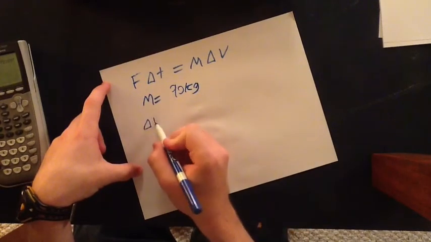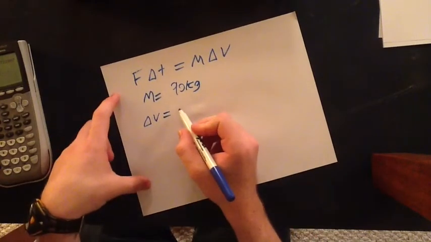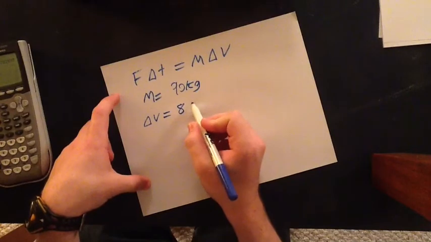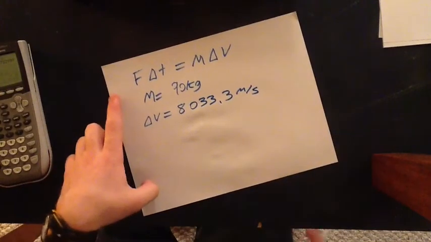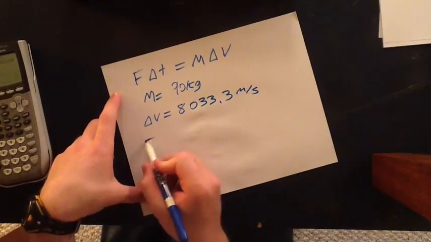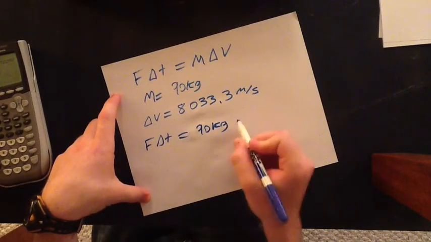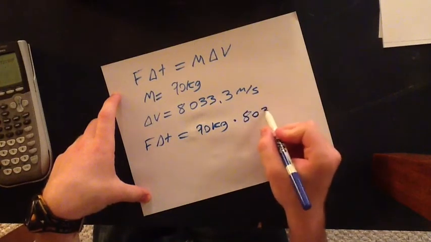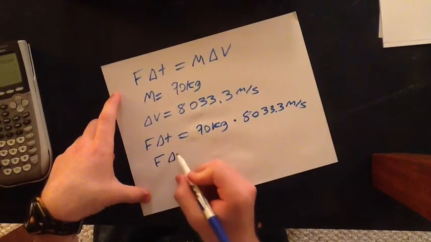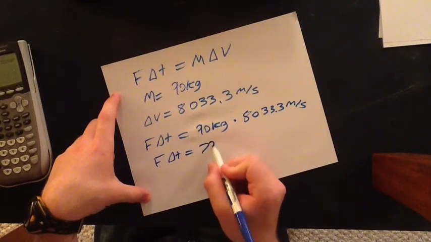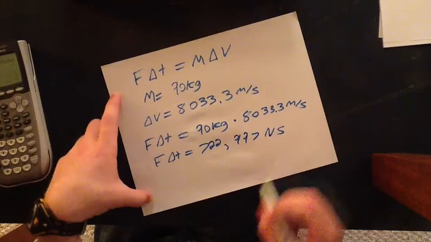The change in velocity of Batman is equal to the typical cruising speed of the plane, which is about 8,033.3 meters per second. So, in our equation we know that F delta t is equal to 90 kilograms times 8,033.3 meters per second. So, F delta t is equal to 722,997 Newton seconds.